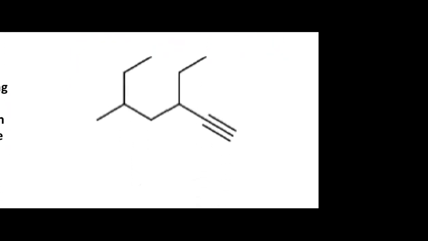Let's do the skeletal structure. So this is the skeletal structure for an alkyne. I want you guys to take a moment and find the longest carbon chain here. Let's put it in the chat. How many carbons in the longest carbon chain?